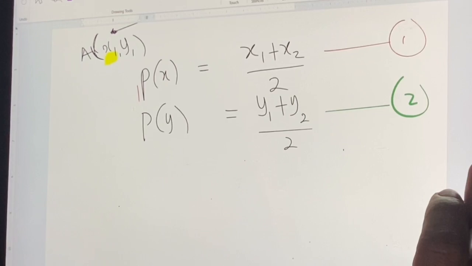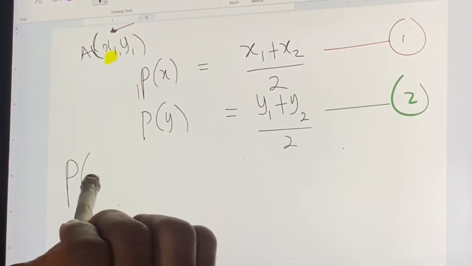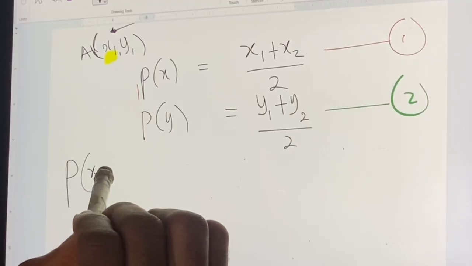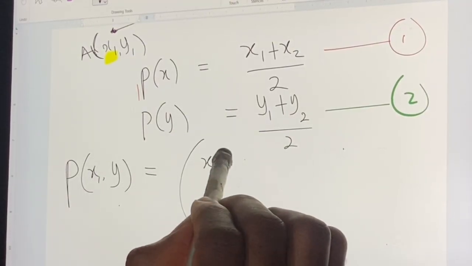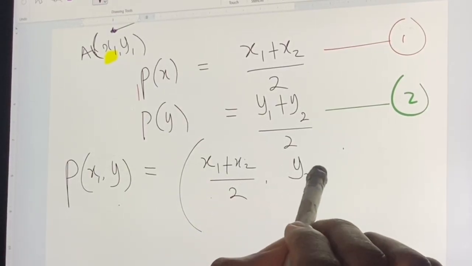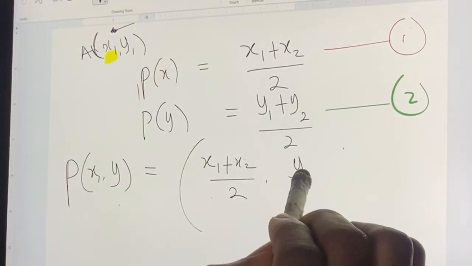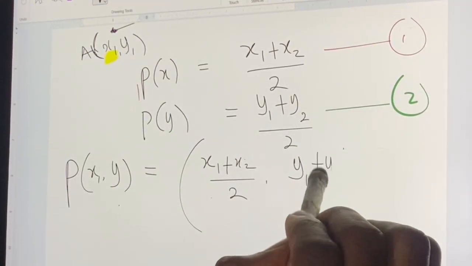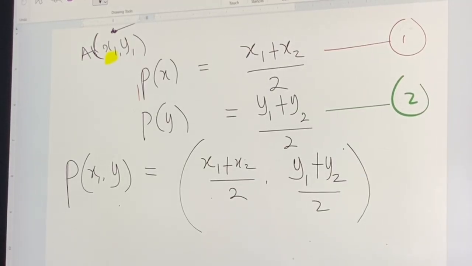So when you write this together as a coordinate, the midpoint of x and y will be equal to x1 plus x2 over 2, y1 plus y2 over 2. Please take note of this. So this is the formula for the midpoint of 2 points.